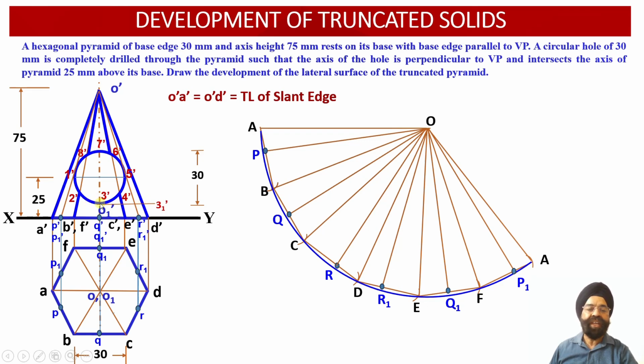So point 3 dash, if we extend it onto the true length over here, this radius O-31 will represent the true length of the radius corresponding to the point of intersection 3. Similarly, points 2 and 4, if they are projected onto this true length, that is O-D, then radius O-21 and O-41 will represent the true length of the radii corresponding to the points of intersection 2 and 4.